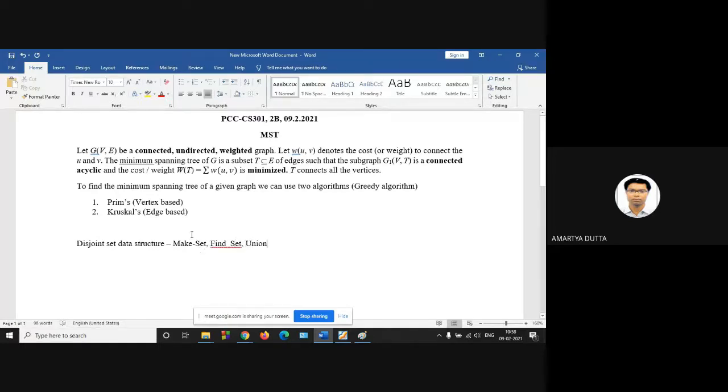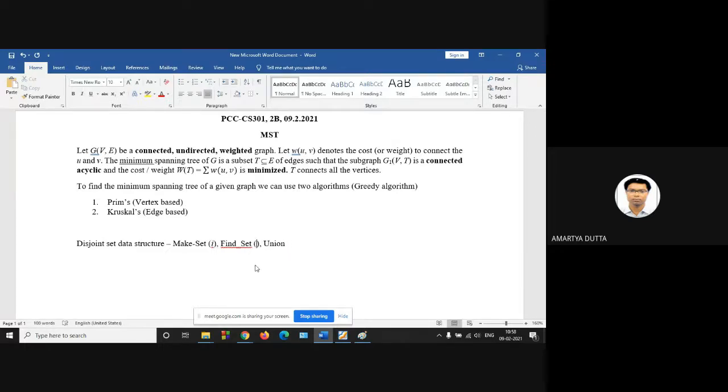So what do you mean by make set? Make set of any element, let make set i. It returns the i, the element that is taking part in your algorithm. So make set a returns a, make set v returns v. Find set i: what do you mean by find set i?